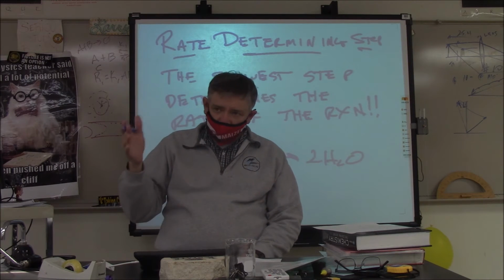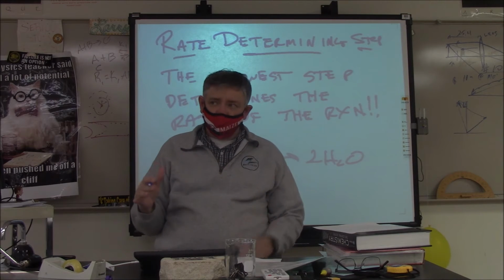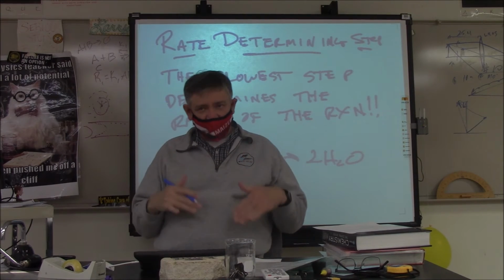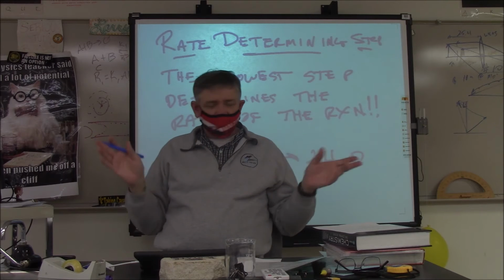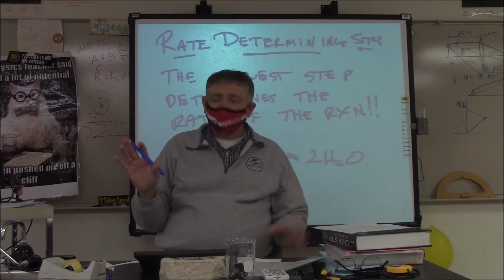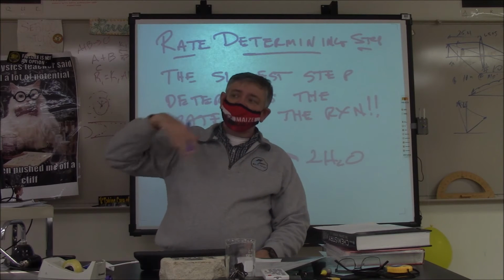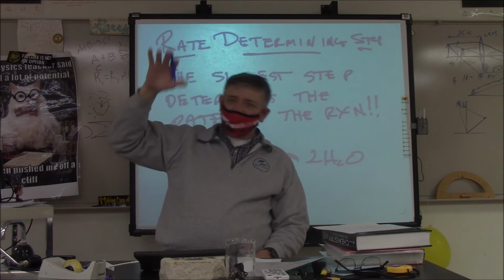So when you deal with rate determining steps, this is only going to be important when you have reactions that occur in stages. Hydrogen and oxygen combining when we light the balloon, we don't have to worry about, because that's only going to happen in one step. In the lab you can do on Monday, you have some things happening behind the scenes, like the Wizard of Oz.